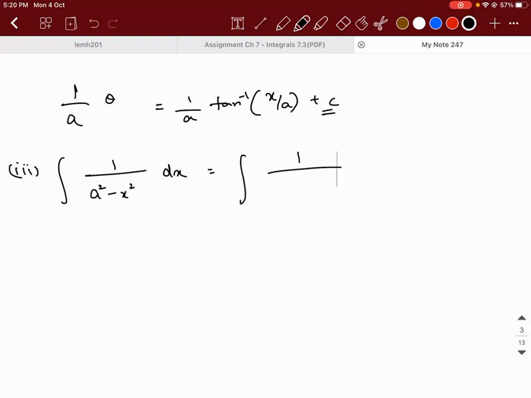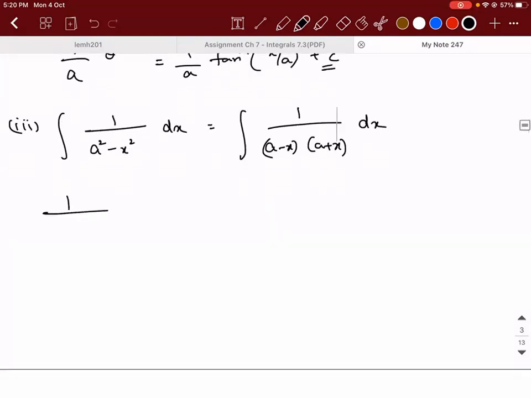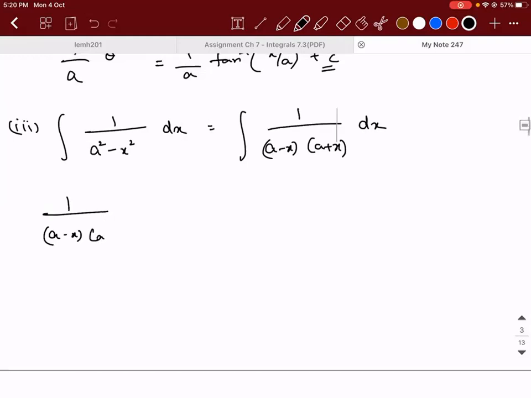So integral of 1 by a minus x into a plus x dx. 1 by a minus x into a plus x is equal to something by a minus x plus something by a plus x, capital A, capital B here.